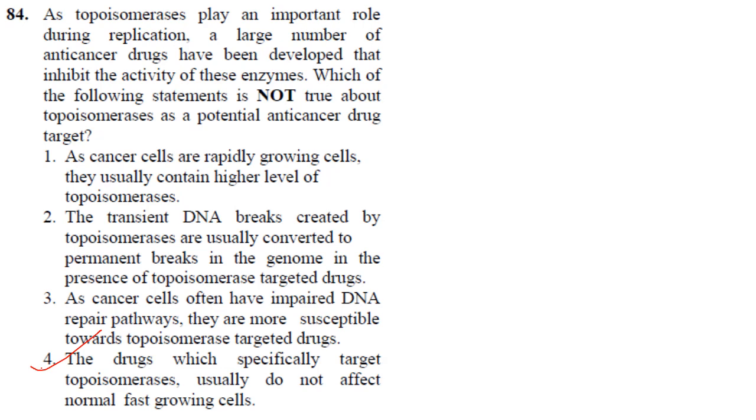The transient DNA breaks created by topoisomerases are usually converted to permanent breaks in the genome in the presence of topoisomerase targeted drugs. That is also correct. As cancer cells often have impaired DNA repair pathways, they are more susceptible towards topoisomerase targeted drugs. That is also correct. The drugs which specifically target topoisomerases usually do not affect normal fast growing cells. They will target both cancerous and normal cells. So option 4 is incorrect.